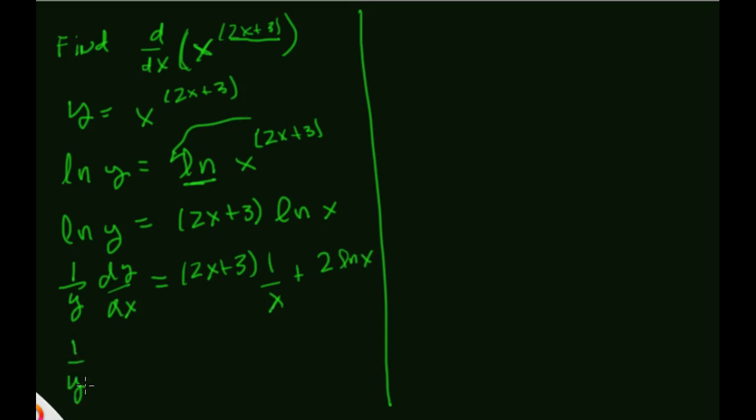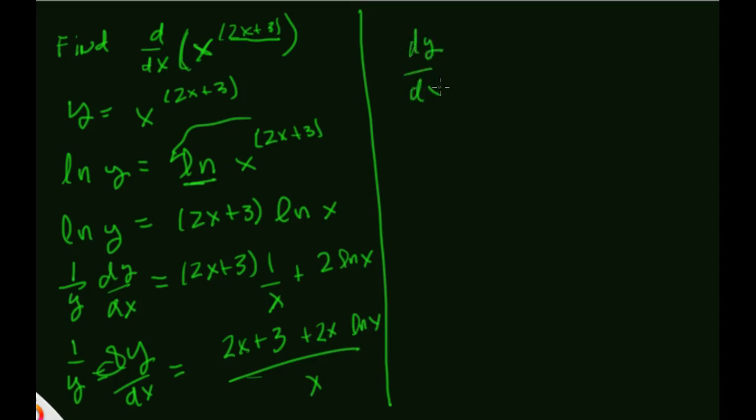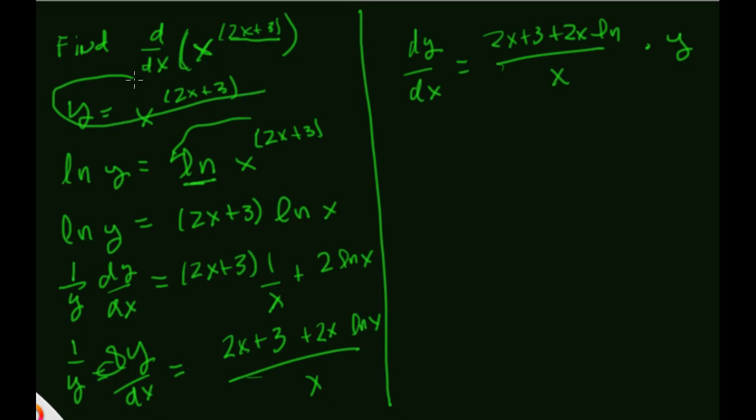I get 1 over y dy/dx is 2x plus 3 plus 2x times the natural log of x all over x. That means dy/dx is going to be 2x plus 3 plus 2x times the natural log of x all over x times y.